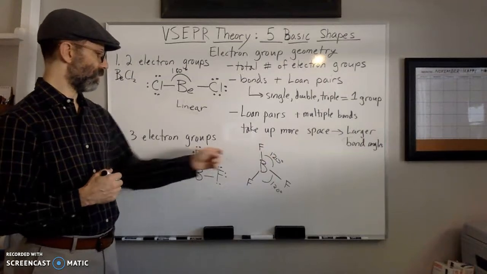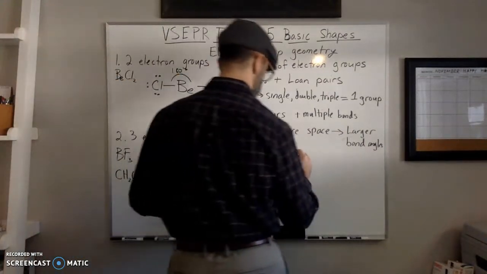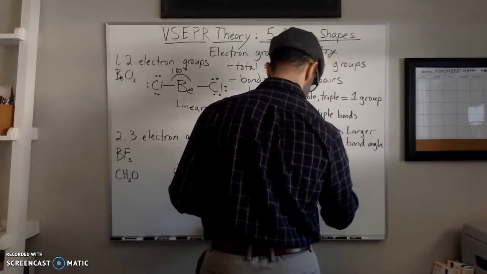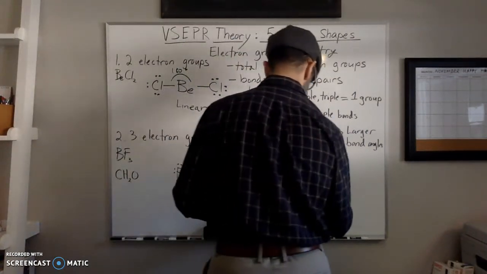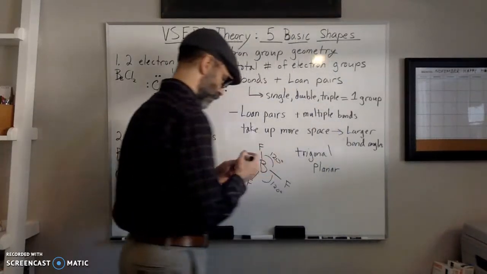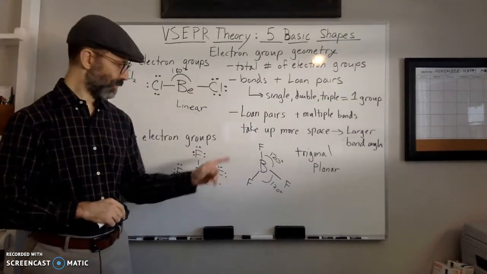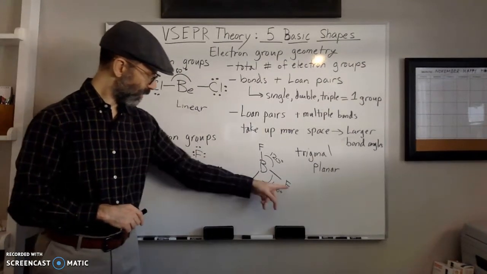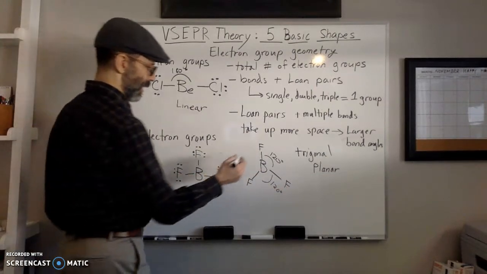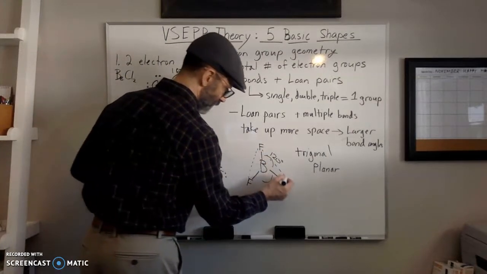And so the name of this shape is going to be trigonal planar. You have a trigonal planar molecule. The reason it's trigonal planar is because you have three atoms, or three bonding groups, and all of them are in the same plane.